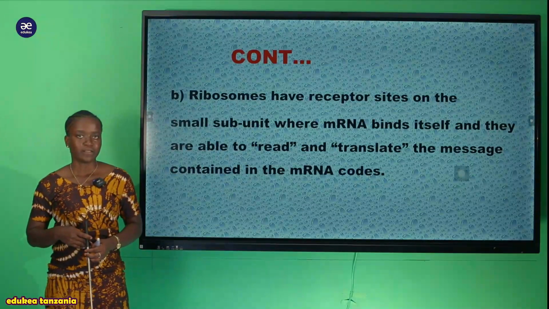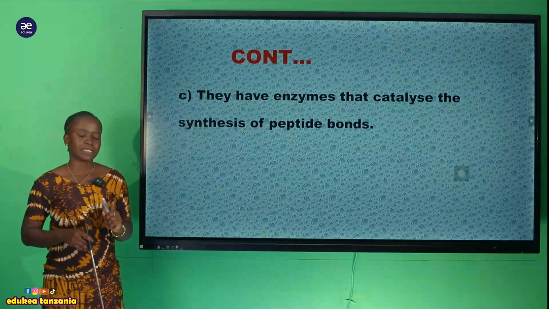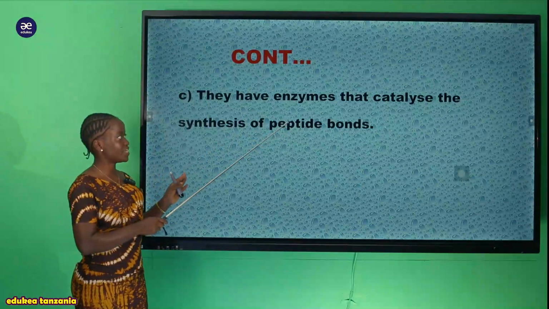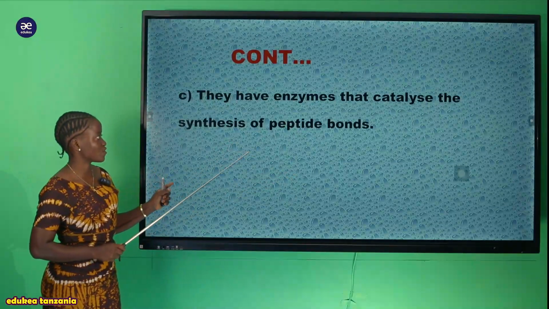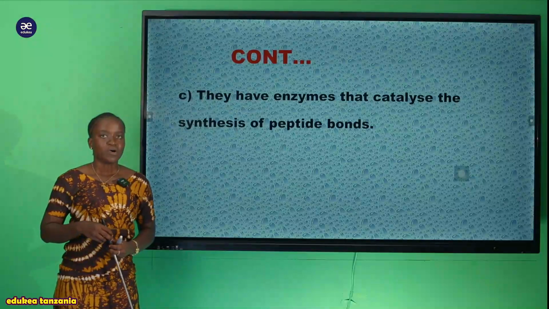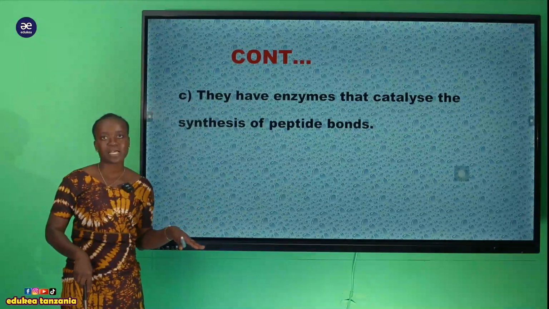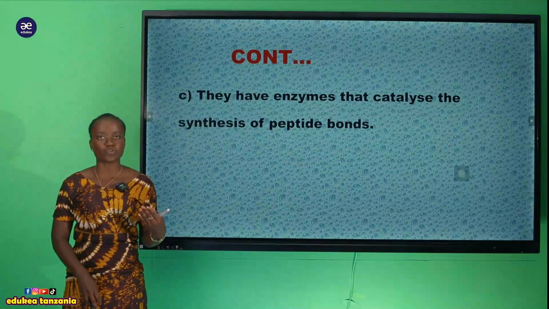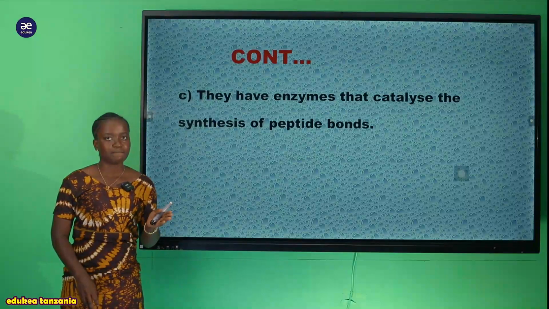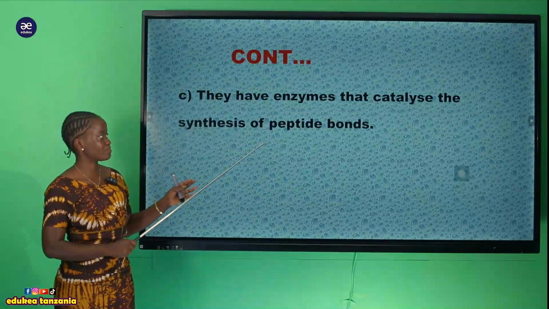But also we have another function of the ribosome. We have seen that they have enzymes that catalyze the synthesis of peptide bonds. Within the ribosomes there is a presence of these enzymes, and the enzymes found within the ribosome are what help to catalyze the polypeptide bond, or peptide bond, the synthesis of the peptide bond.